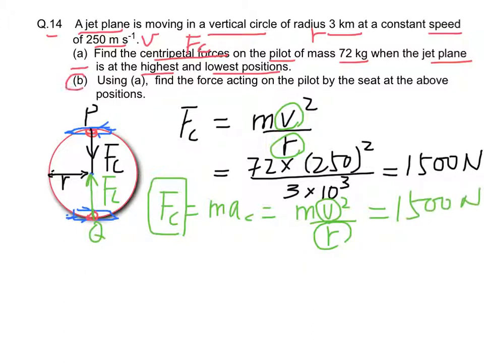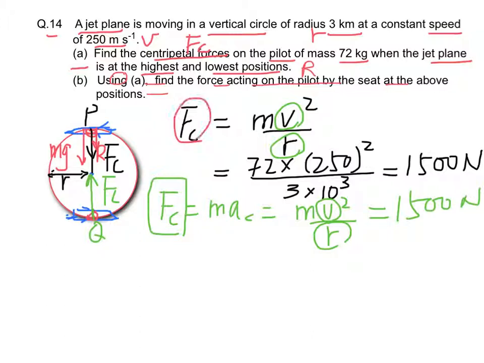Part B. Using the result of A, find the force acting on the pilot by the seat, which is the reaction force R, at the above positions. At the highest point P, the forces acting on the pilot are his weight and the reaction force acting on him by the seat R, which are both downward.